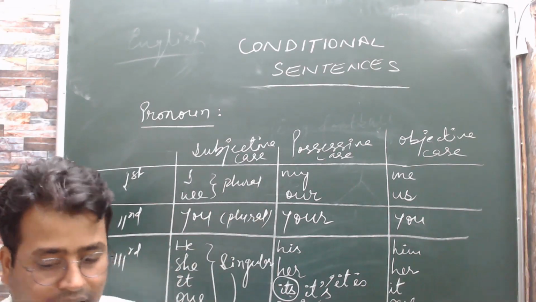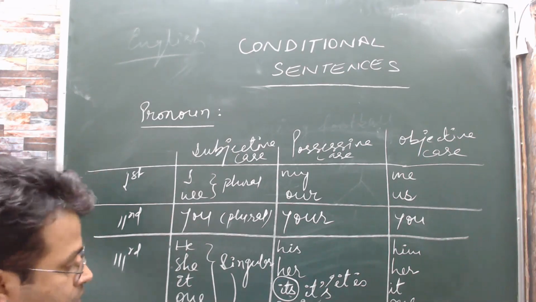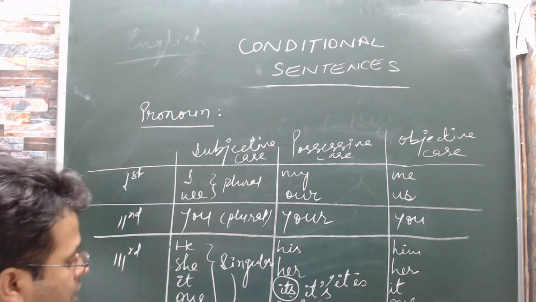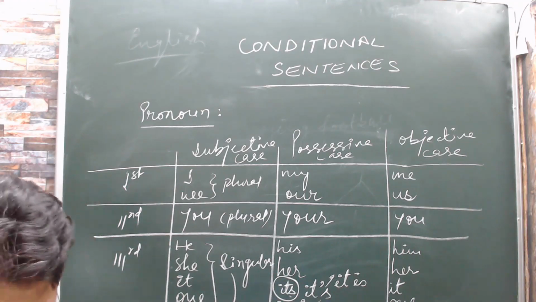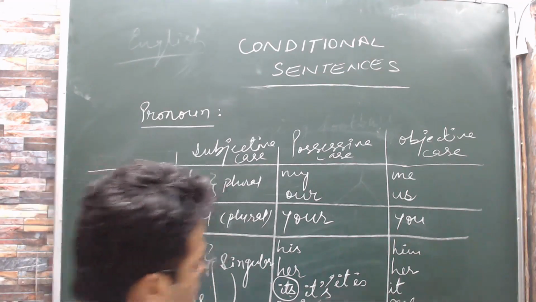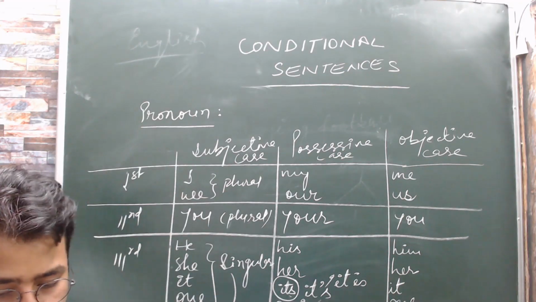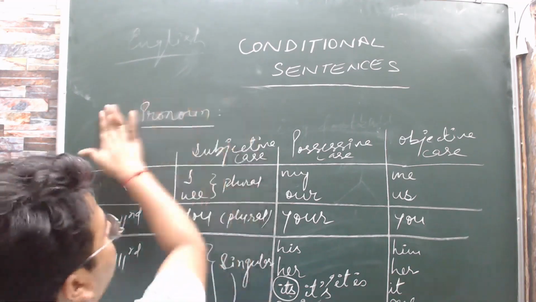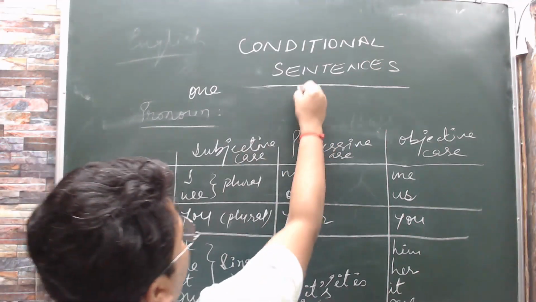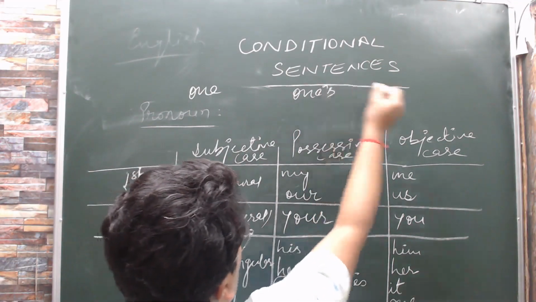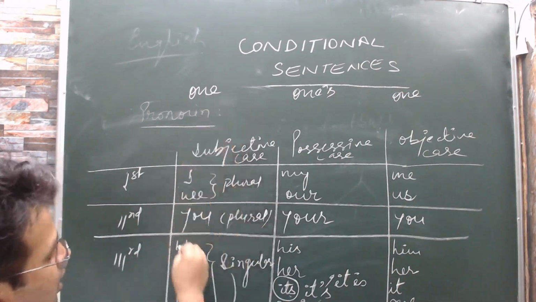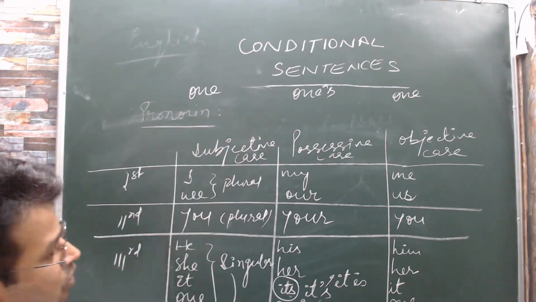This table is very helpful. They, their. Okay, is it visible? It's not visible from here, so I am writing it. After it, I am writing here one in possessive case, one's and one. So he, she, it, one, all of them are singular.